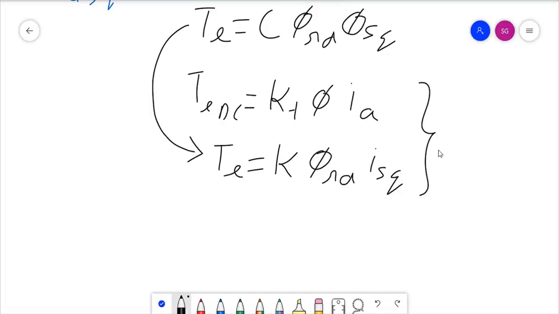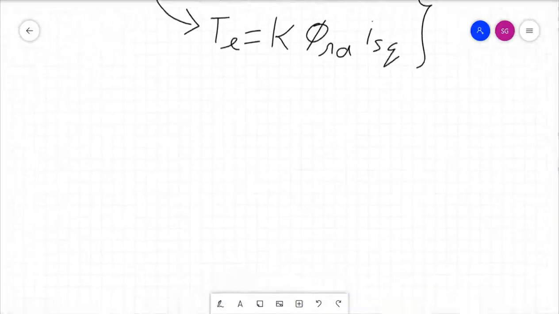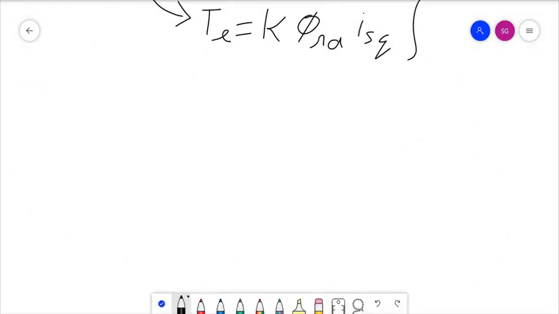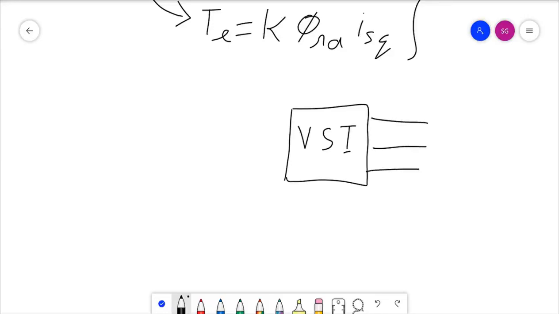Now we can draw the control logic diagram of this torque control method. So let us start. What we need is an inverter, a VSI. This is a normal voltage source inverter. This will feed the induction motor to be speed controlled. This is our three-phase induction motor.